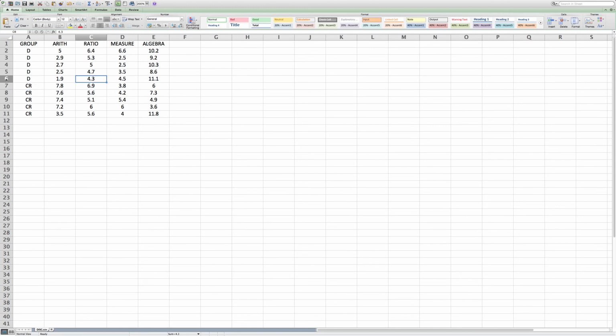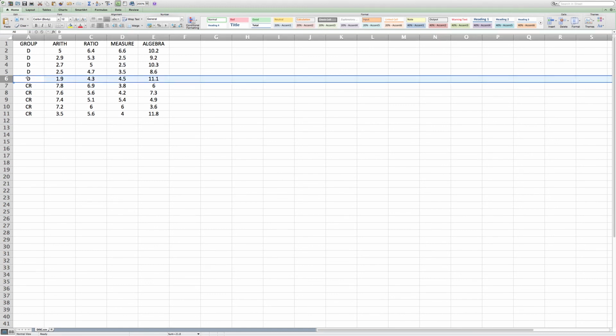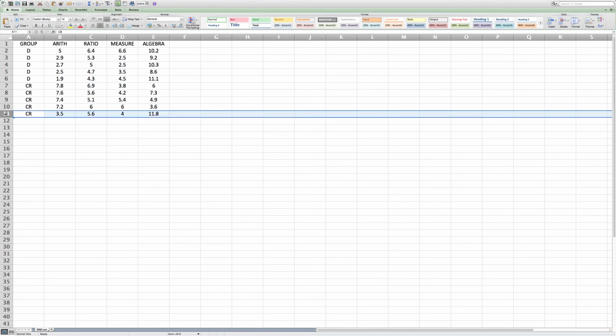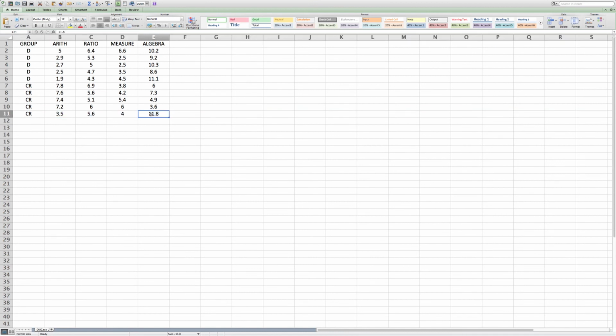So this one subject right here was known to be accurately classified as a developmental math student, and they scored a 1.9 on the arithmetic, a 4.3 on the ratio, and so on and so forth. This student down here, the 10th student, was accurately deemed to be college ready, and that person had an 11.8 on algebra, and so on and so forth.